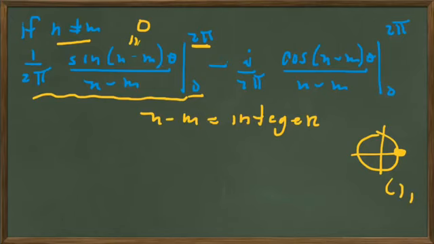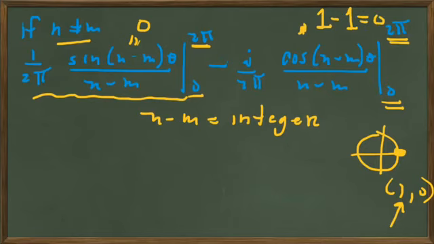The cosine is the x value, so we're getting 1 whether we plug in 2 pi or 0, and so essentially what we're getting for this part is 1 minus 1, and so that is 0. Also, that term is also 0.